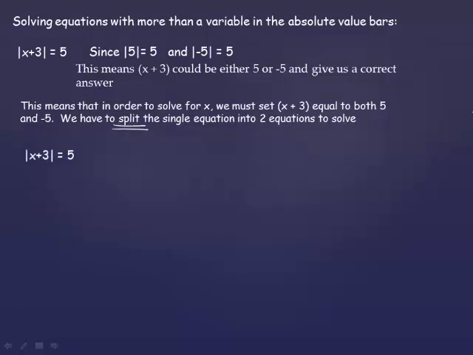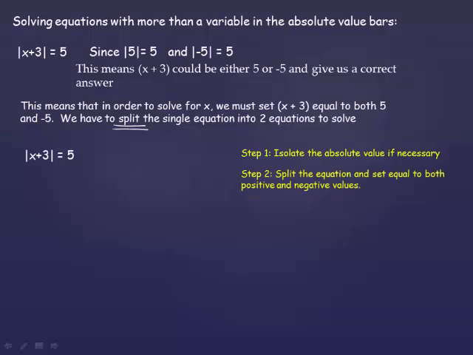So the absolute value of x plus 3 equals 5. Step 1, isolate the absolute value if necessary. So if there was anything else on the outside of the absolute value, I would take care of that first. Step 2, we split the equation and we set this equal to both positive and negative values. So I have x plus 3 equals 5, and I have x plus 3 is equal to negative 5.